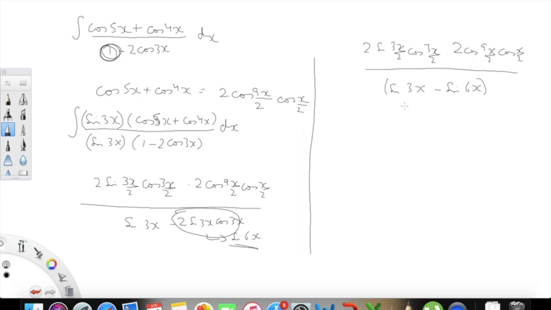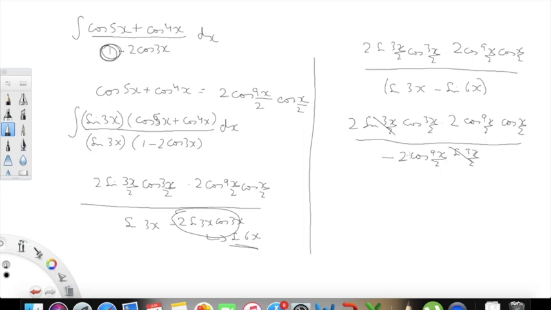Okay, so again we apply the formula. So finally what we get is 3x by 2 cos 3x by 2 into 2 cos 9x by 2 cos x by 2 upon, now this formula will become negative because sine 6x is of negative sign, cos 9x by 2 into sine 3x by 2.